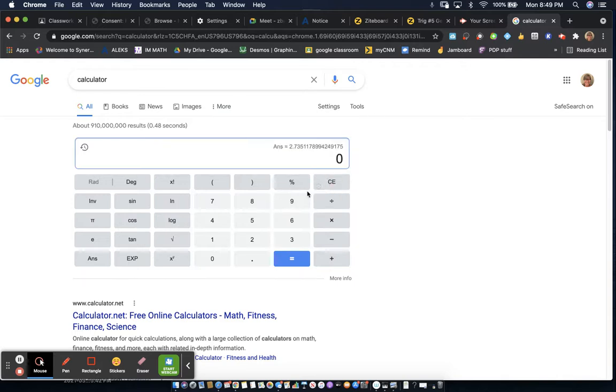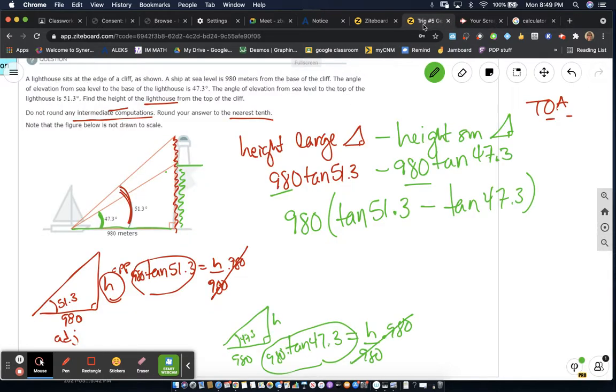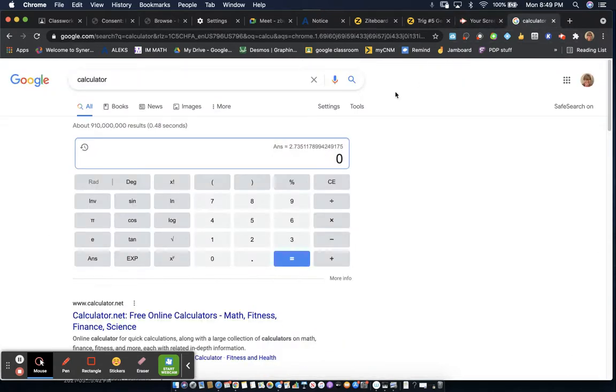Okay, so we're going to go. Oh my God, you guys, I'm so tired. What the heck? Oh God, 980. Thank you, brain, failing me. 980 times parentheses tangent of 51.3 minus tangent of 47.3.